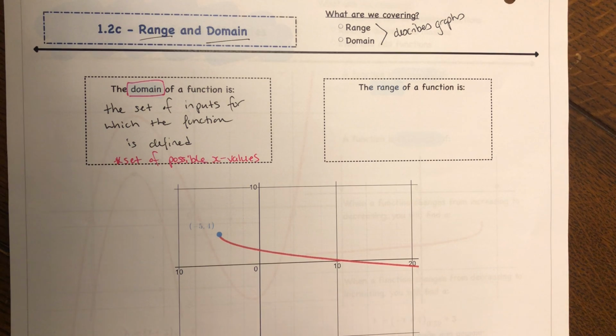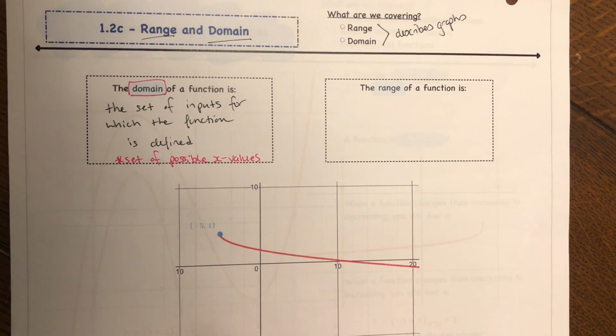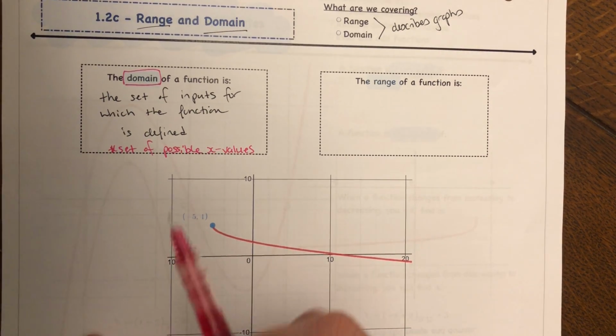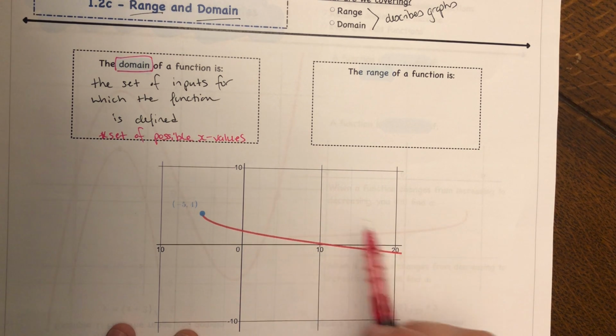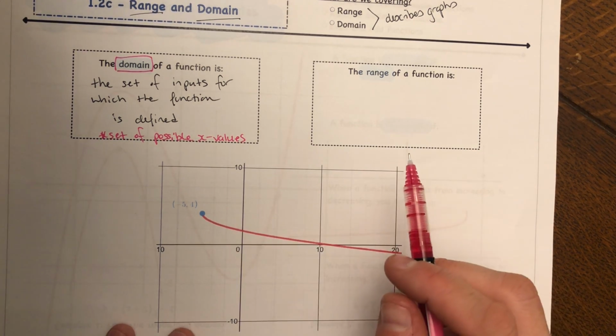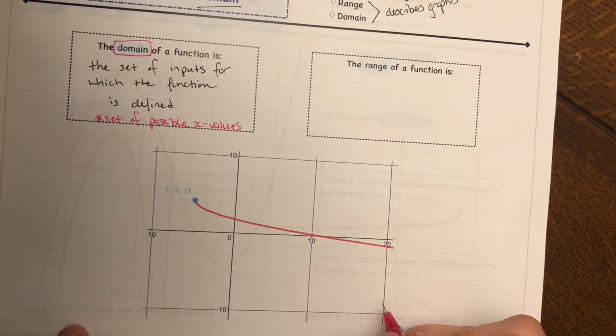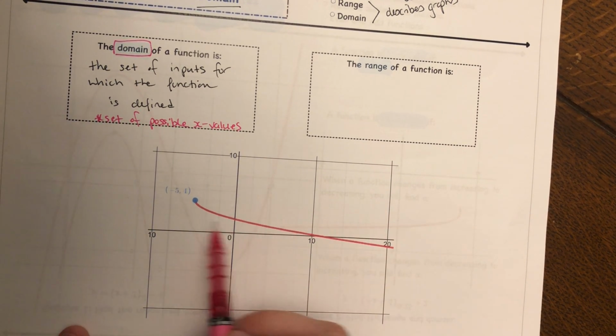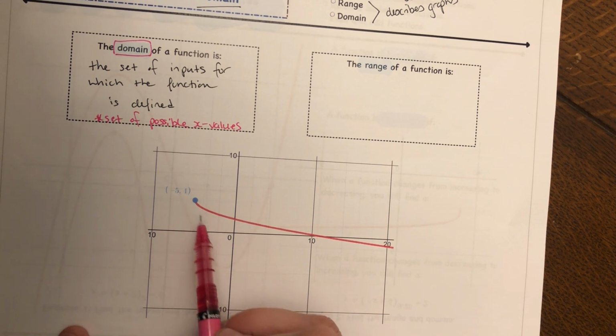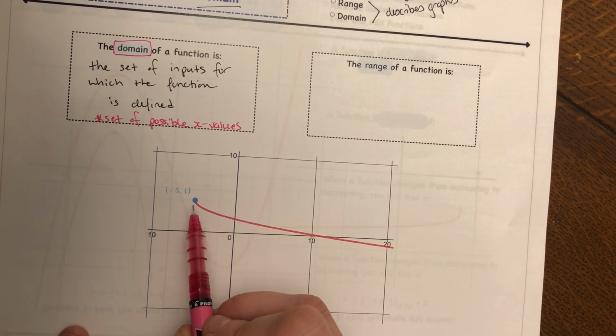What x values can exist in this graph? What is the graph covering? And so I'll start by just showing you where the domain is on here. Domain talks about this axis, our x-axis, and our goal is to figure out for which x values this graph has a point.